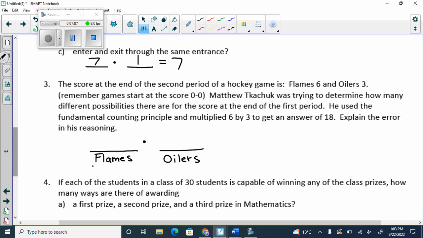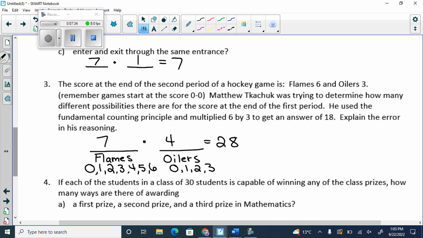What could it be? 0 or 1 or 2 or 3 or 6. How many options is that? 7. The Oilers would have started at 0 then. So how many do they have? So it's 28. And here it says, explain the error in his reasoning.